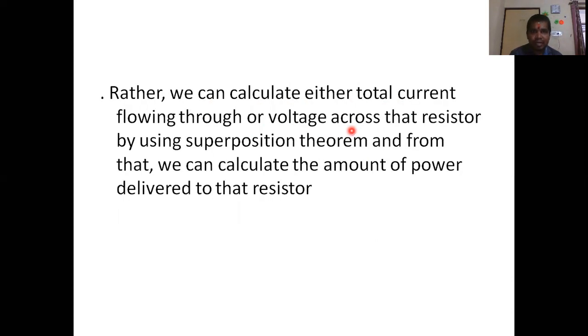We can calculate either the total current or total voltage across the resistance using the superposition theorem, and from that we can calculate power. Individual power calculation and adding them will not give correct answers, but individual responses for voltage and current can be added using the superposition theorem. This is a limitation. Individual responses added together are equal to the simultaneous calculation.